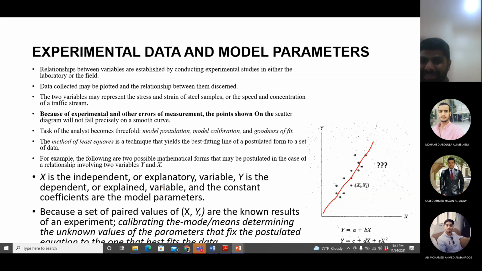So stress is x, the independent or explanatory variable, and y is the explained or dependent variable, because y is dependent upon x. So the strain in this case will be the dependent or explained variable. The output y is explained or dependent, and the input x is independent or explanatory.